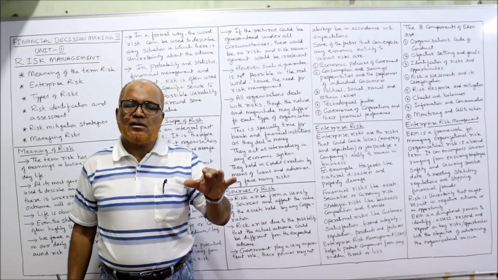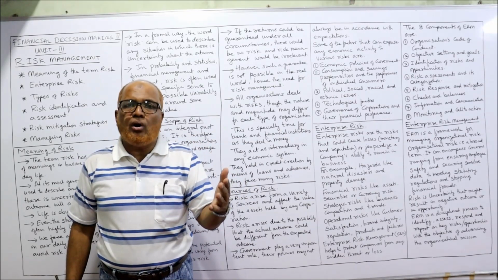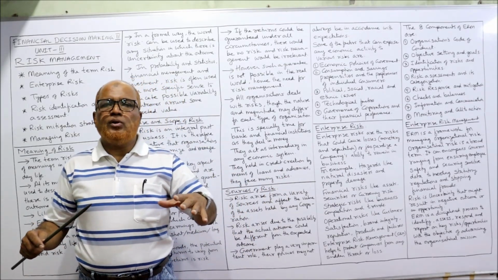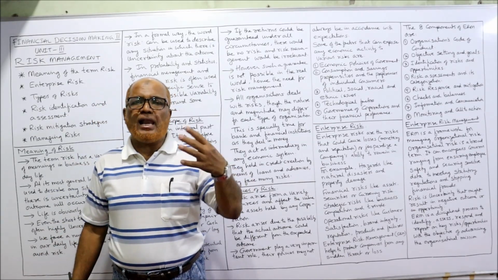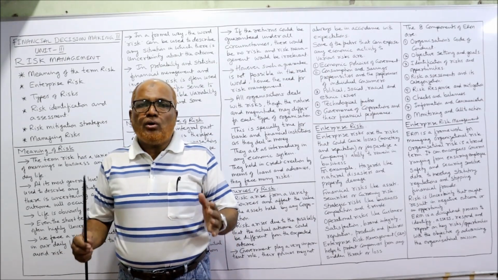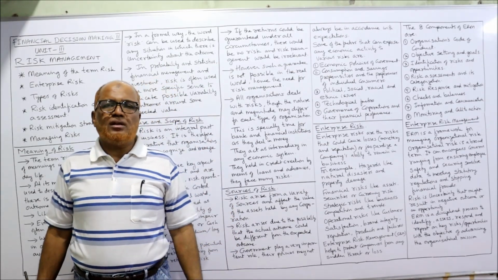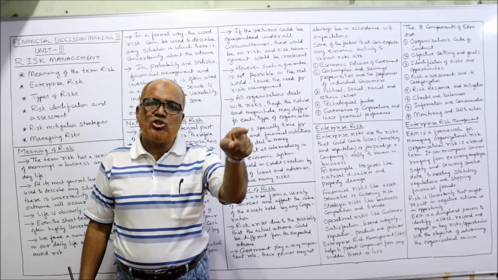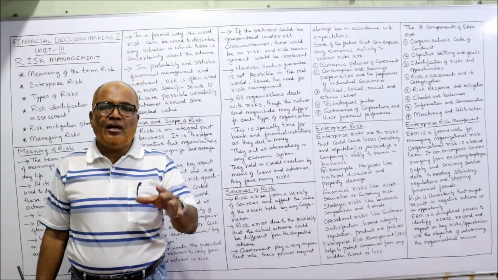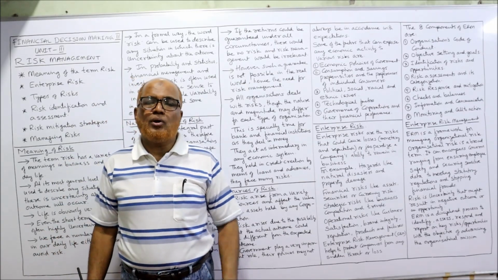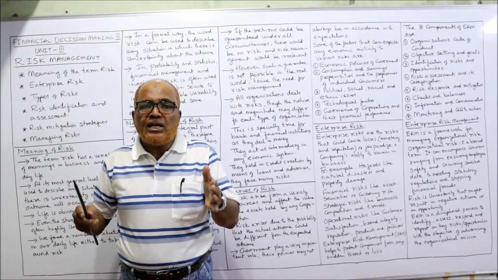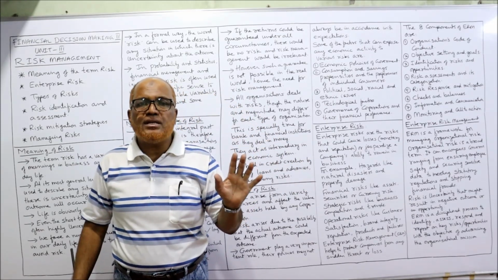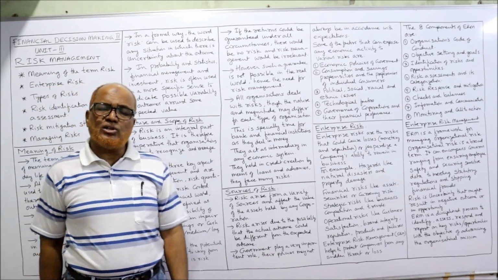Every organization will have risk, but the nature and magnitude of risk will differ from one organization to another. A simple example: some companies produce consumer goods, and some produce electronic goods, like mobile companies. In which company is the risk more? In consumer goods, the risk is not high. They have risk, but the nature of risk is very low in the consumer goods industry. Whereas in technology industries, like the IT industry, we face a lot of risk because a lot of technological development is taking place. So the nature and magnitude of risk differ from one organization to another, but risk is imperative. This is especially true for banks and financial institutions.